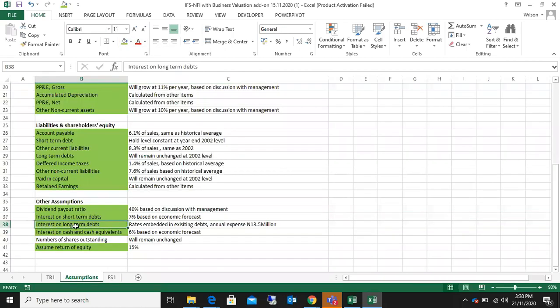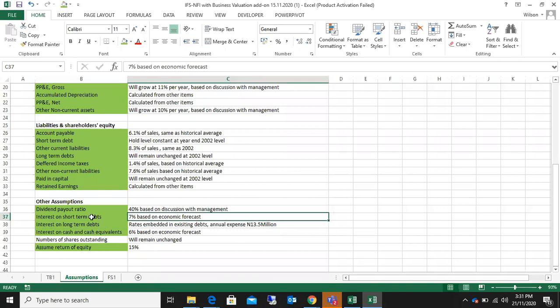Now, interest on long-term debt, rates embedded in existing debt. Okay, rates embedded in existing debt. Annual expense 13.5. So our interest expense is going to be 7% of short-term debt, right?